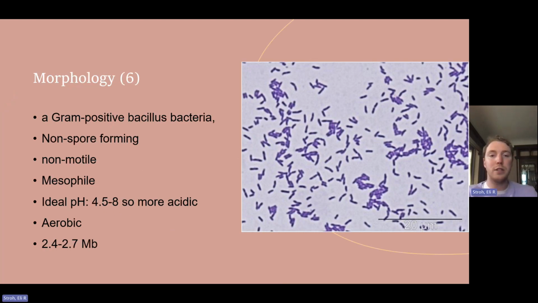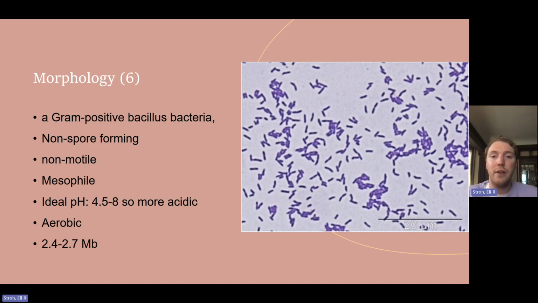So for the morphology, it is a gram-positive bacillus bacteria. Typically, it is just a single bacteria at a time. The photo here shows a little bit of clusters, but traditionally, it's more of the ones that are just kind of singled out there. It is non-spore forming, meaning no endospores are being created.